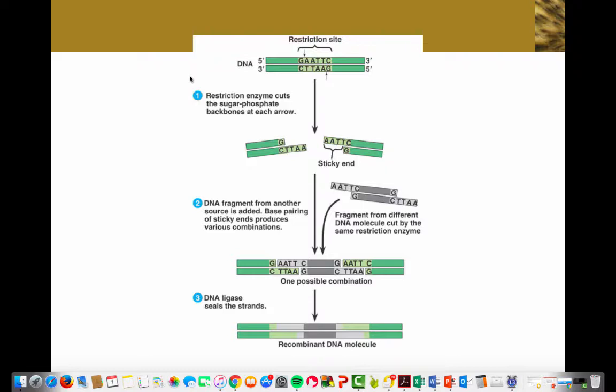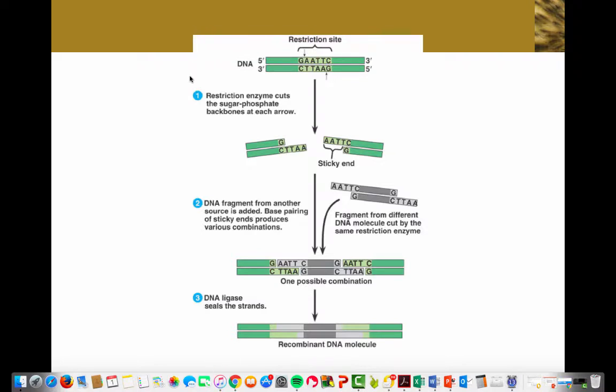So if this is your plasmid here, right? This is your gene of interest. You will cut both with the same restriction enzyme, RE, so that when you mix them together, the overhangs will be the same.